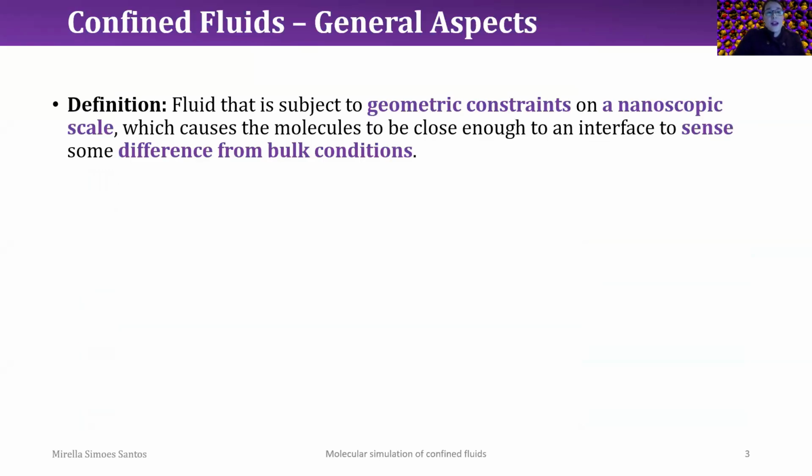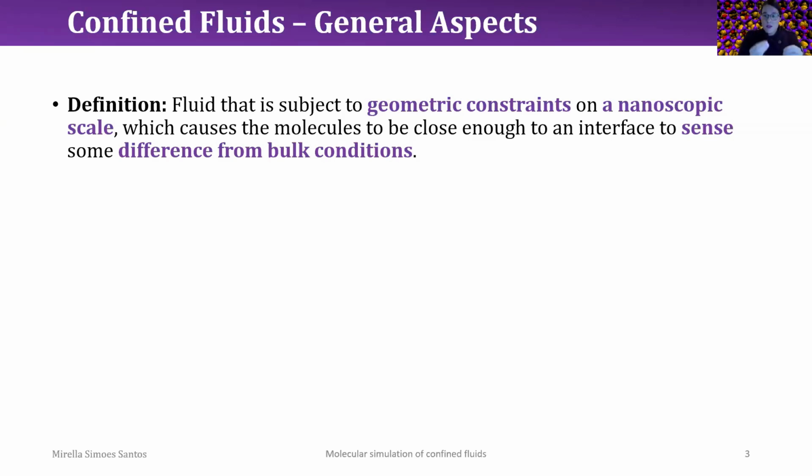So what are confined fluids? We can define them as a fluid that is subject to a geometric constraint. And this geometric constraint is on a very, very small scale, on a nanoscopic scale. So for example, we could think of a very small pore where the walls of this pore are very close to each other, and the fluid that is within this pore will be impacted by the presence of these walls.